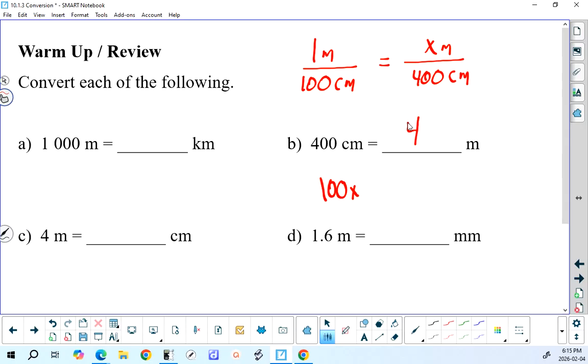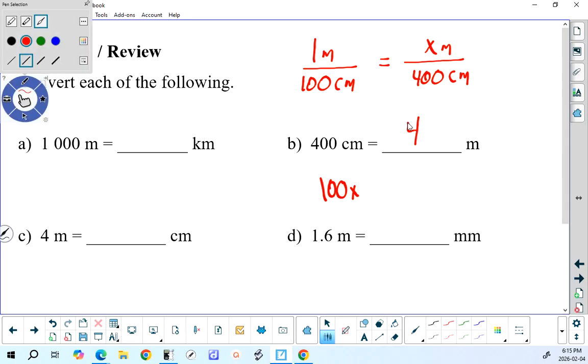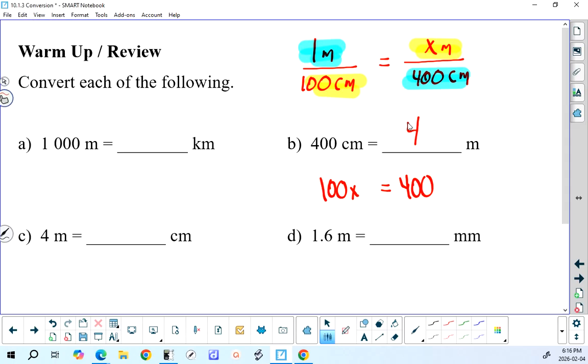So you multiply top times bottom, and then you say equals top times bottom, which is 1 times 400, which is 400. You divide both sides by 100 and you get x equals 4. I'm not going to be using ratios unless it's absolutely necessary.